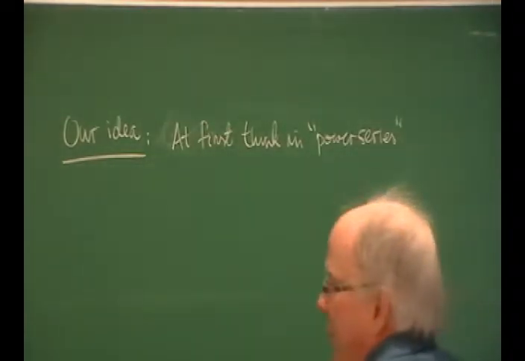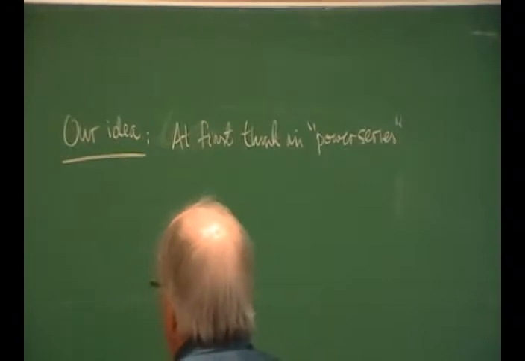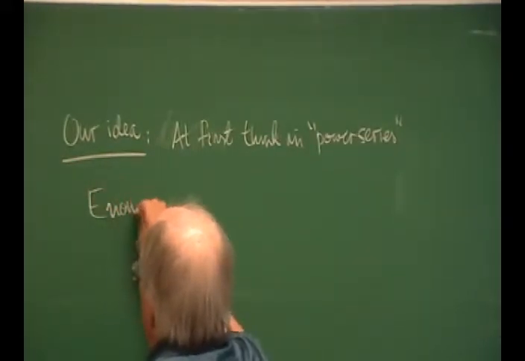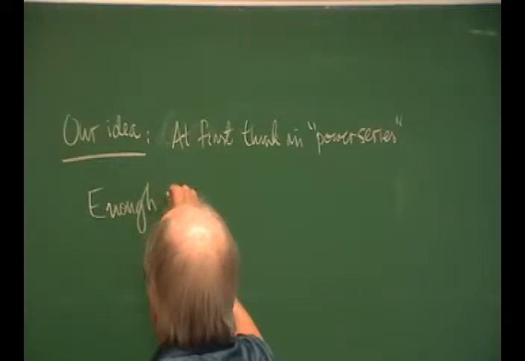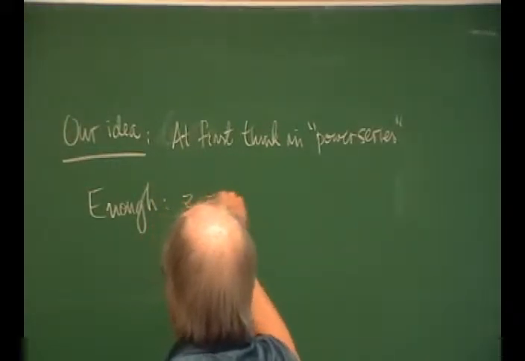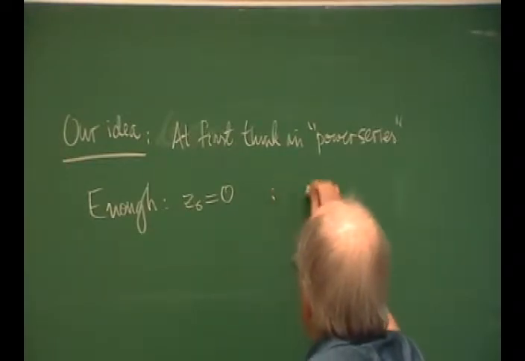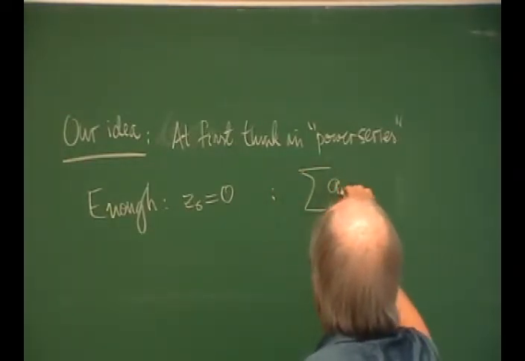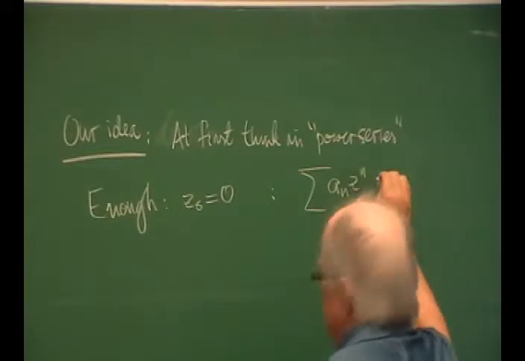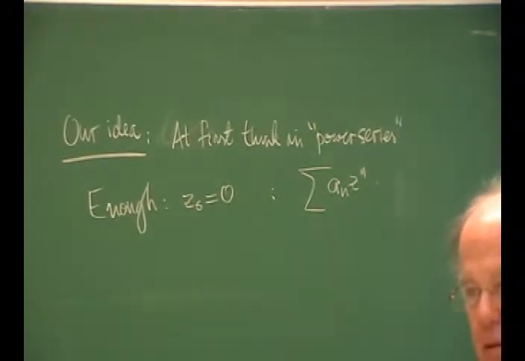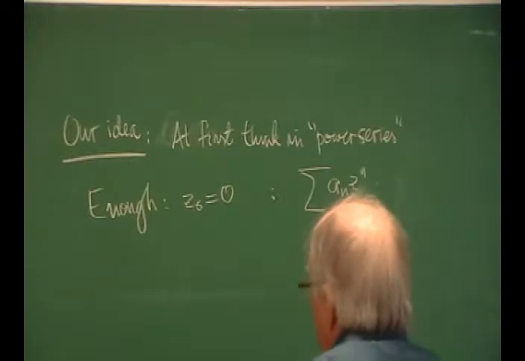Power series in one variable. So it's enough just to consider a special case. Let's consider Z0 equals 0. So we're interested in power series of the form sum a_n z^n. I know it's boring, but that's it. Just power series in one variable. Okay?